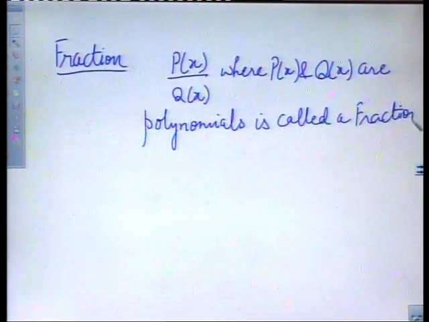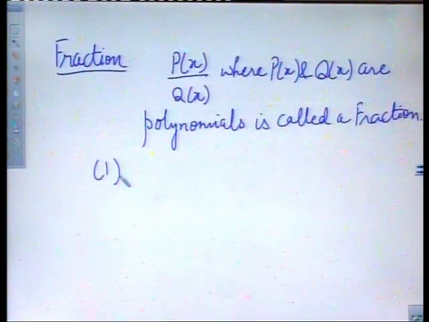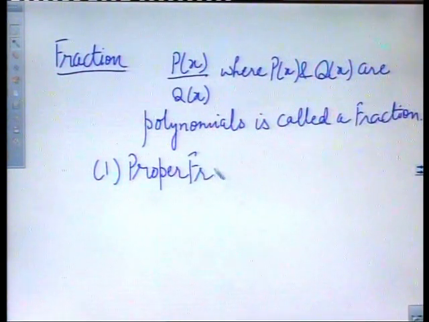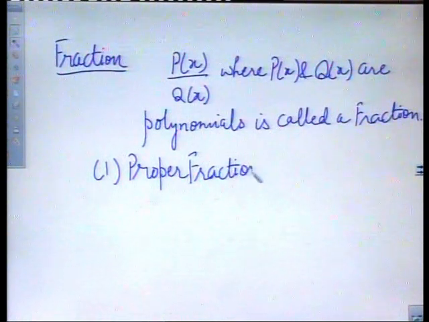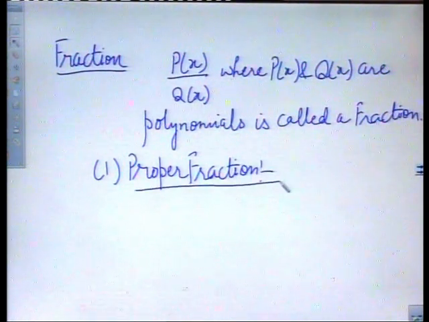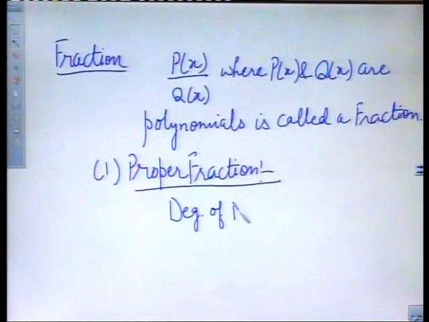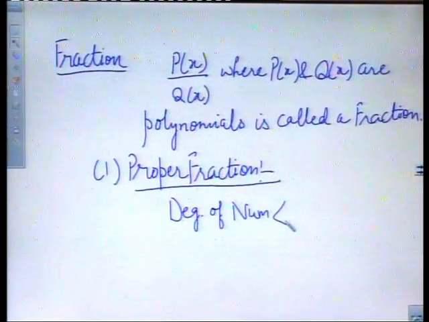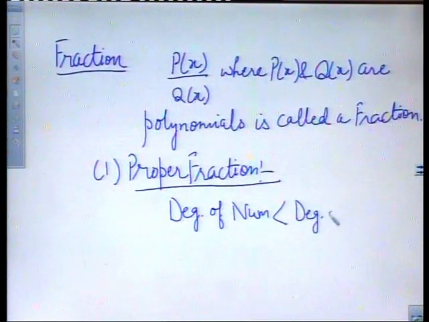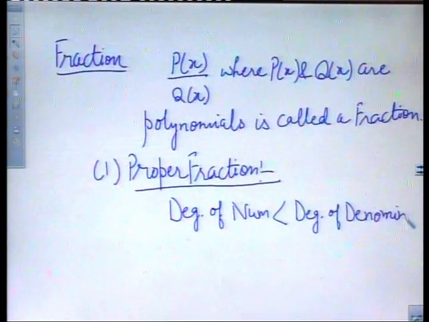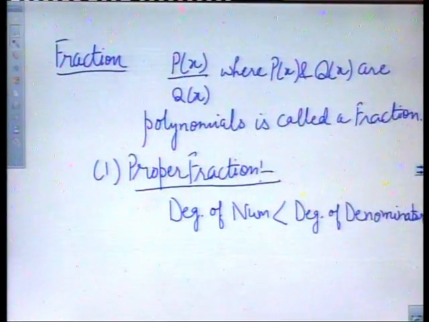Now, there are two types of fractions. The first type is the proper fraction. When the degree of the numerator is less than the degree of the denominator, then we say that the fraction is a proper fraction.